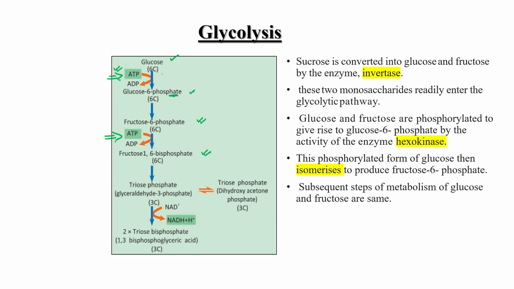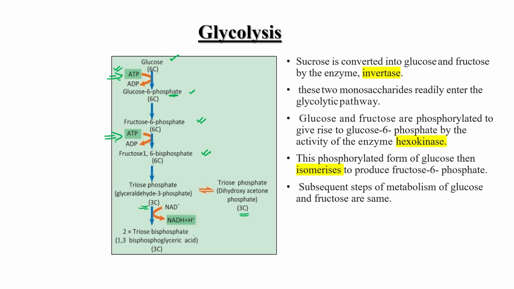So glucose to glucose 6-phosphate, then to fructose 6-phosphate, then to fructose 1,6-bisphosphate, and then fructose 1,6-bisphosphate converts into 2 molecules of 3 carbon, that is glyceraldehyde 3-phosphate and DHAP, that is dihydroxyacetone phosphate.